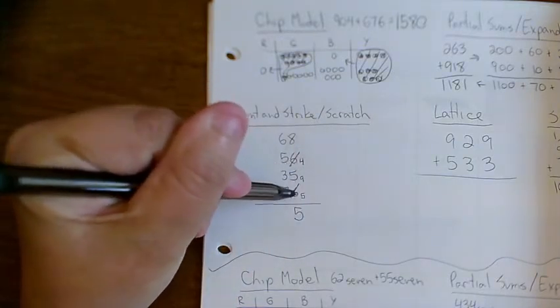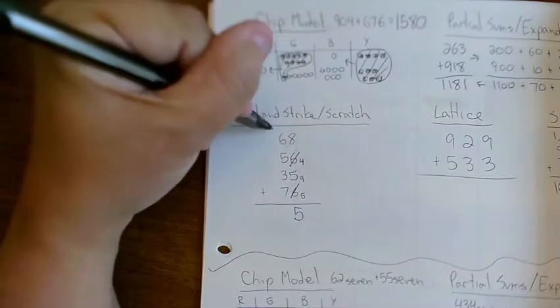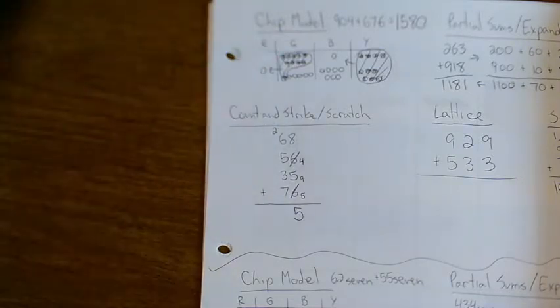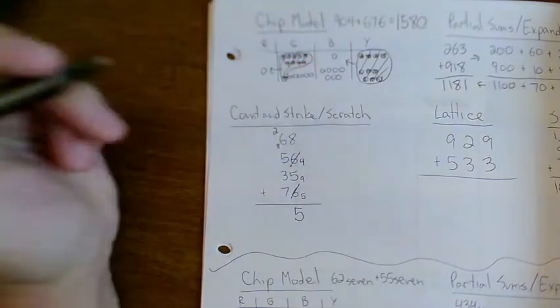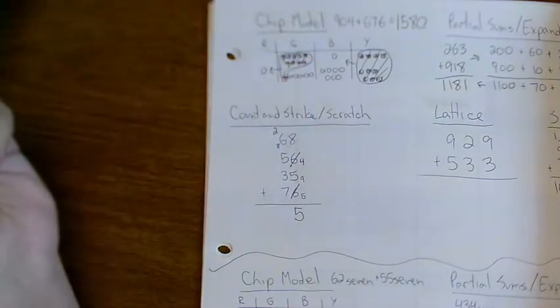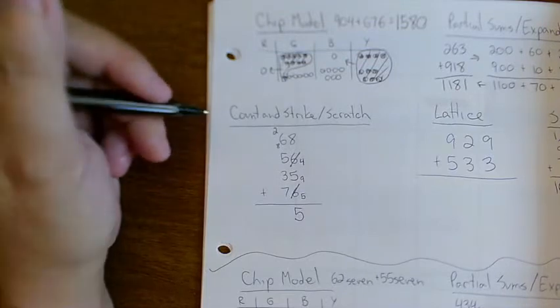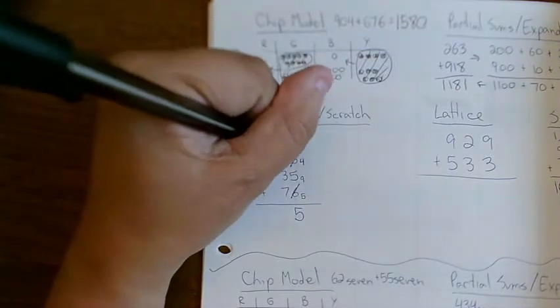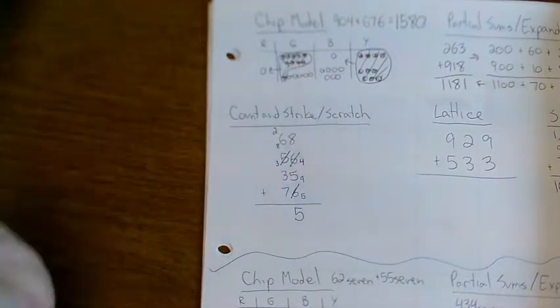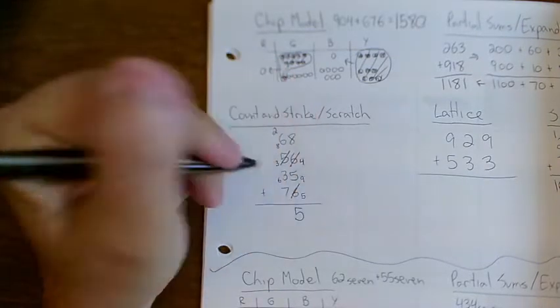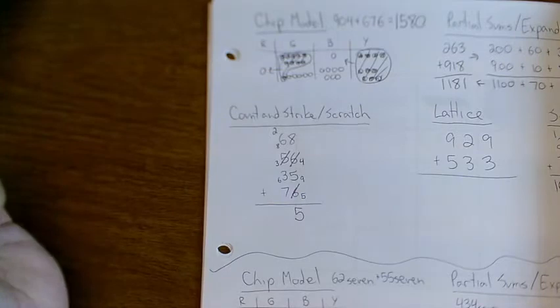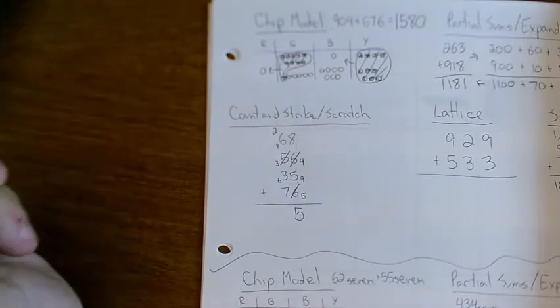So that tells us we made 2 groups of 10. So that 2 gets carried over to the tens place. Then 2 plus 6 is 8. 8 plus 5 is 13. So that's 10 with 3 left over. 3 plus 3 is 6, and then 6 plus 7 would be 13, sorry, not 12.